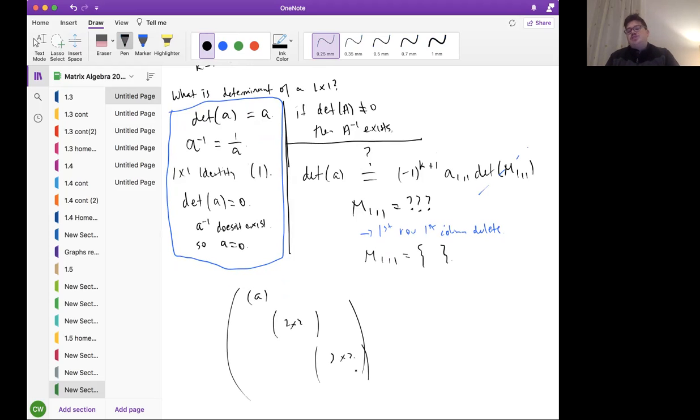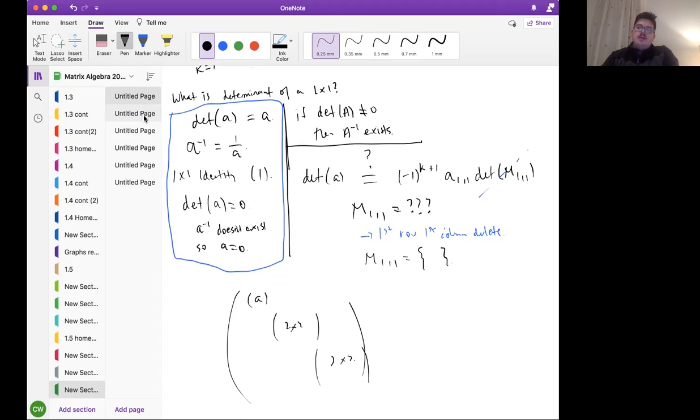So we still should talk about it. But for right now, the only reason I want to talk about it is to give an exhaustive definition for determinant, which would allow for 1x1 matrices. And it satisfies our definition, right? If the determinant is 0, then the inverse doesn't exist, which is satisfied.